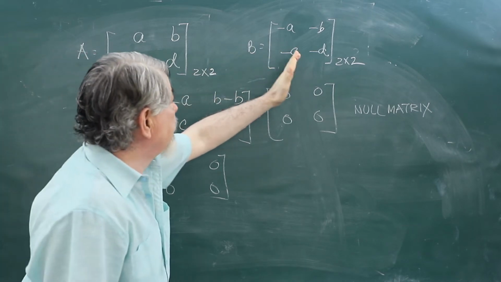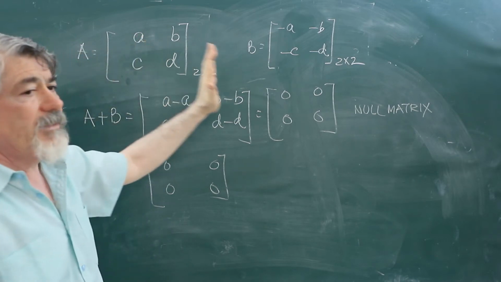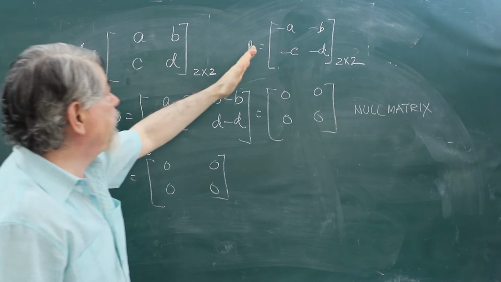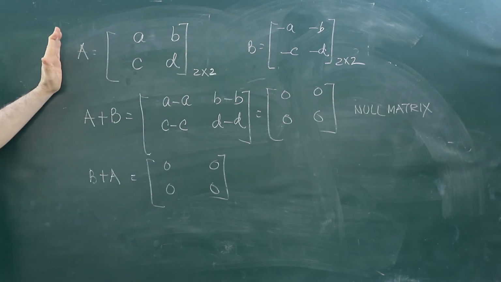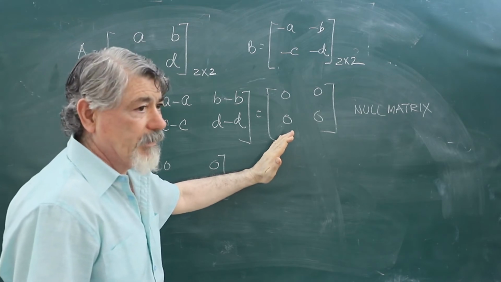It is the additive inverse, because by adding B to A, I get the answer to be a null matrix. So B is the additive inverse of A and A is the additive inverse of B.